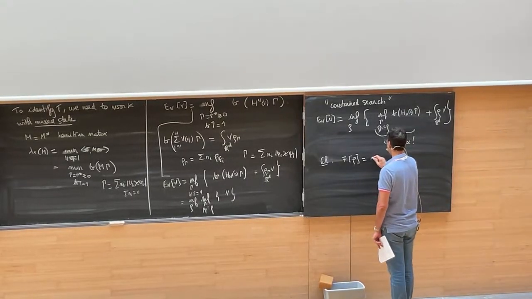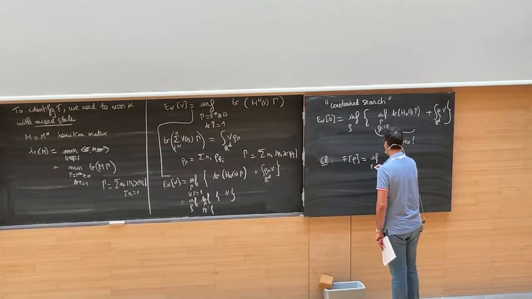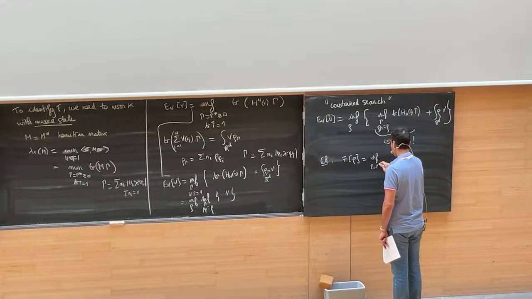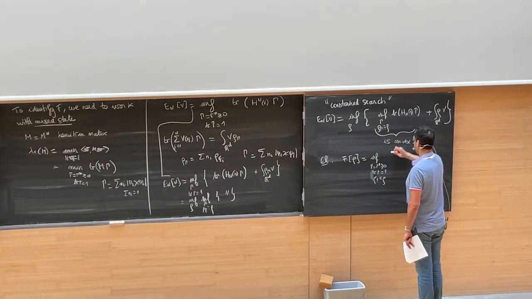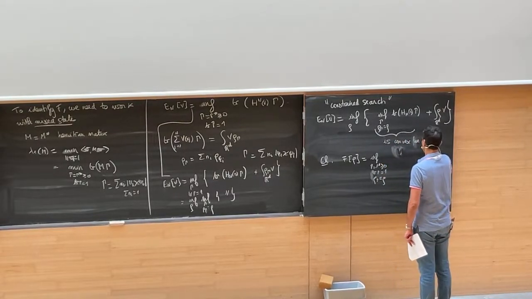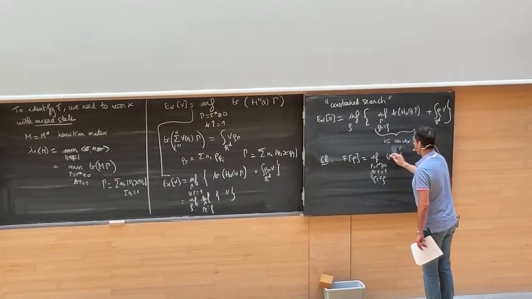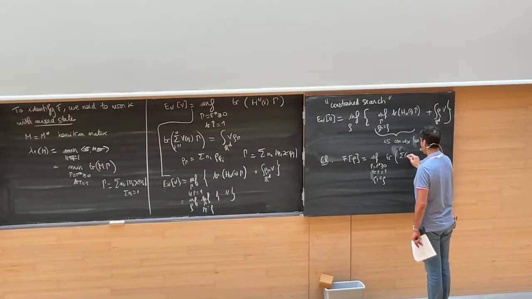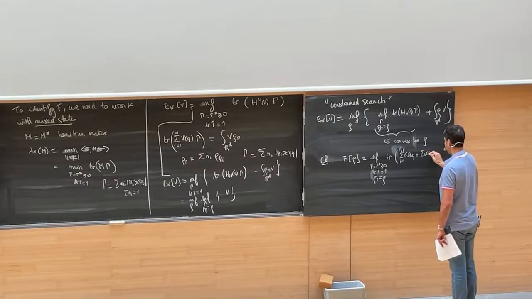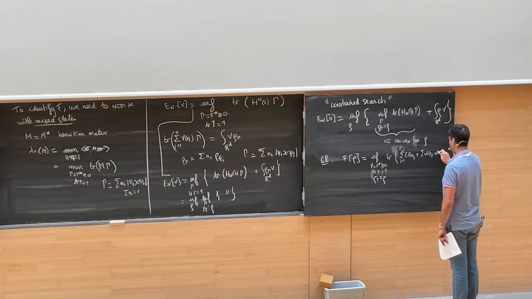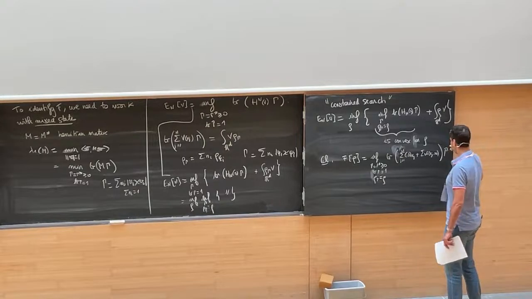So f of rho, we define it as the infimum over all gammas, mixed states, of, maybe I write it, the trace, and then I have the kinetic energy, just to insist. Then I have the interaction, and then I have gamma.